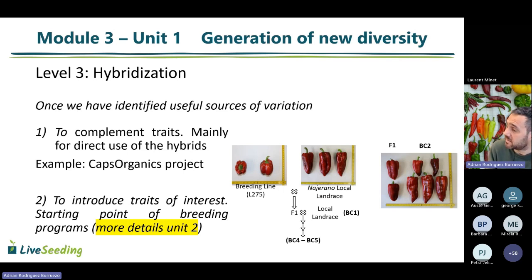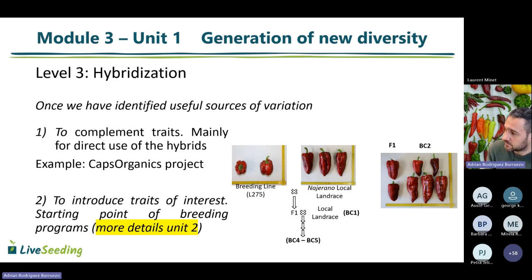But my ancient variety was very good for these other traits. Should I just select, multiply, breed, and then commercialize the new source of variation I have selected within the level 2 stage?